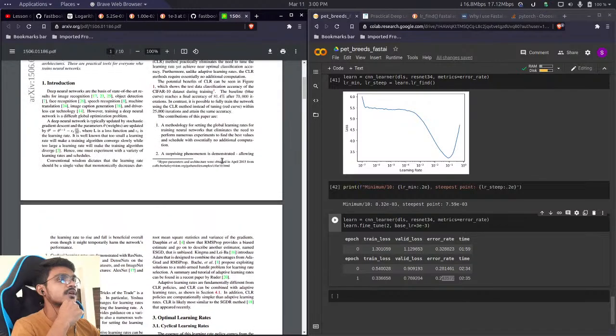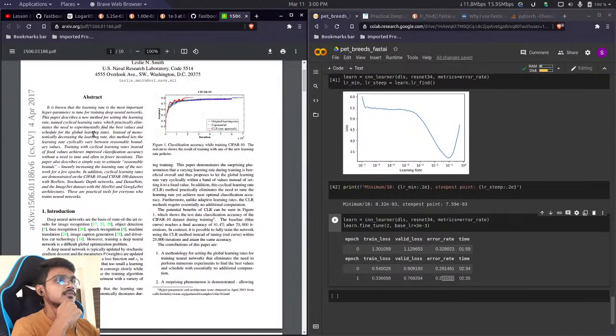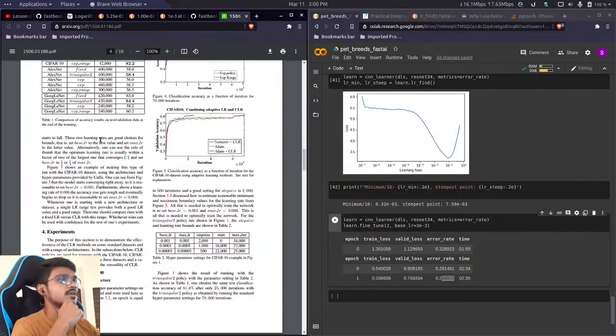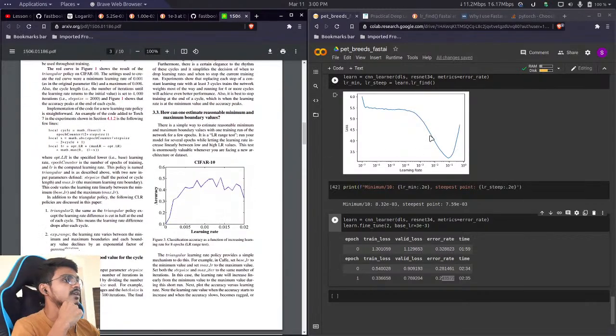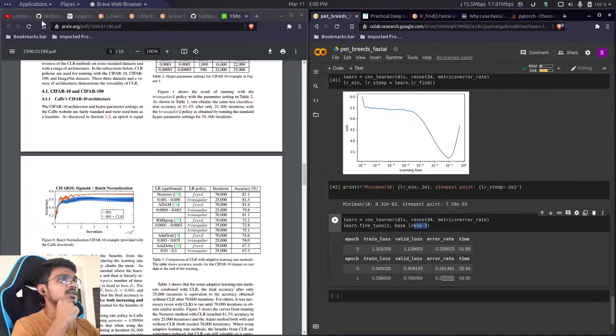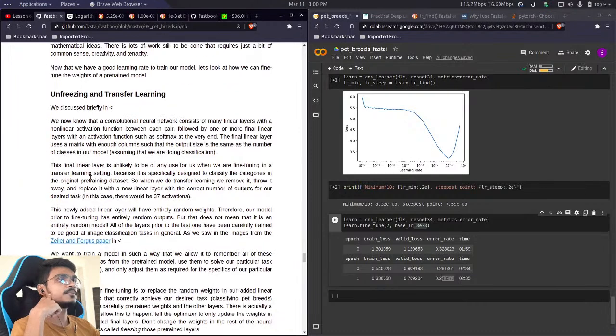I would also like to review this paper. It would be fun to read it and figure out how they are calculating this base learning rate from the logarithmic rate. That's for later, but let's focus on this topic right now: unfreezing and transfer learning.